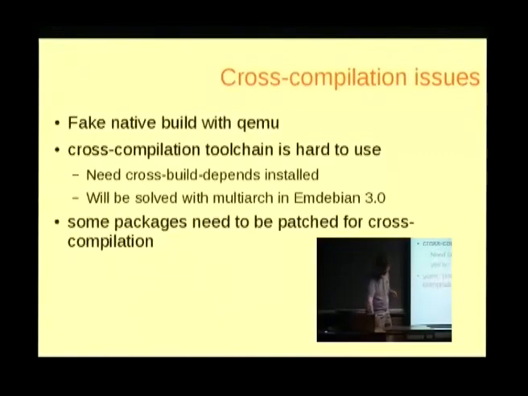So cross-compilation issues. Well, as we said, you can fake the native build with QEMU, but fortunately there's a project called Emdebian, which started something like 5 years ago, or longer ago, but it started to pick up 5 years ago. At this point, the cross-compilation toolchain is easy to use as just a compiler, but to use it to build packages is not entirely trivial yet, because you need to have your dependencies in a place that is accessible for the cross-compilation tool.